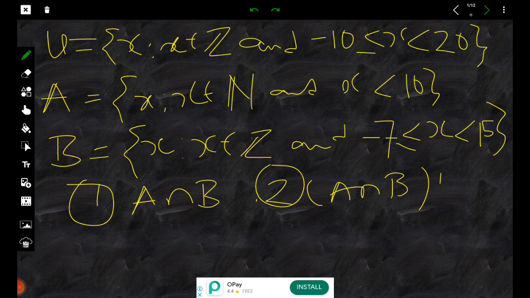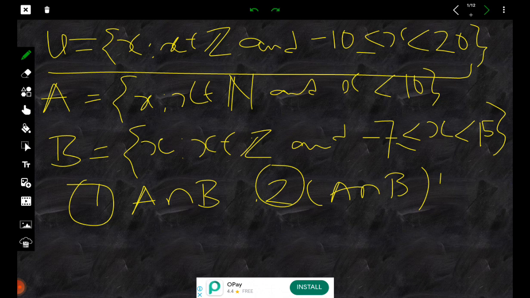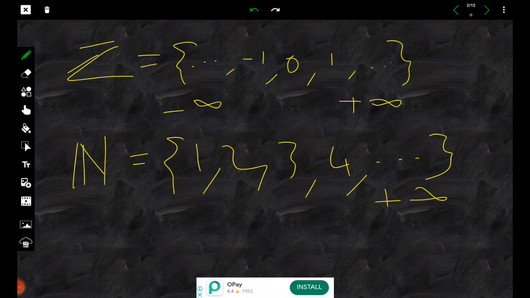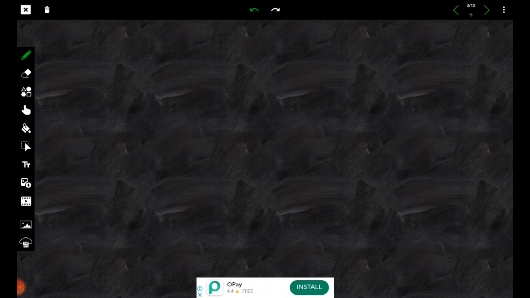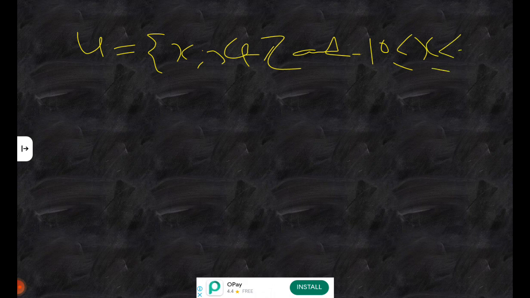Next, let's try to expand what this U actually is defined to be, what it means by definition, and then we also examine what A is by definition and what B is by definition. So now let's quickly do that. Recall that our set U was given to be x such that x is an element of Z, which is an integer, and it runs from minus 10 less or equal to x less or equal to 20.